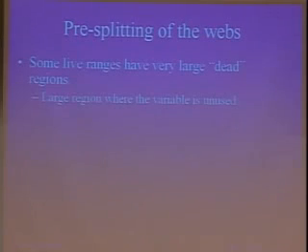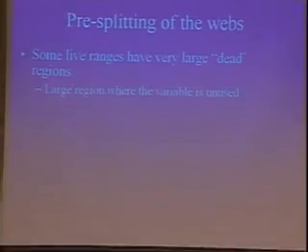Okay, pre-splitting the web is also one thing you can do, in a higher-level pass before you go all the way down to the unstructured graph. In your structured graph, you can look at variables that are live across loops but unused.